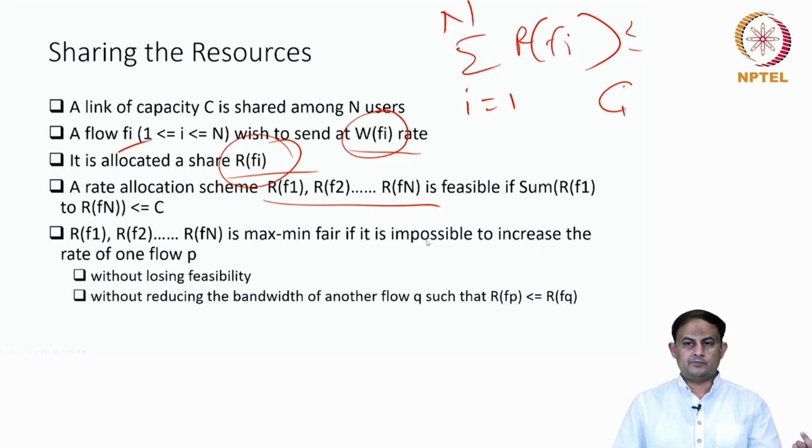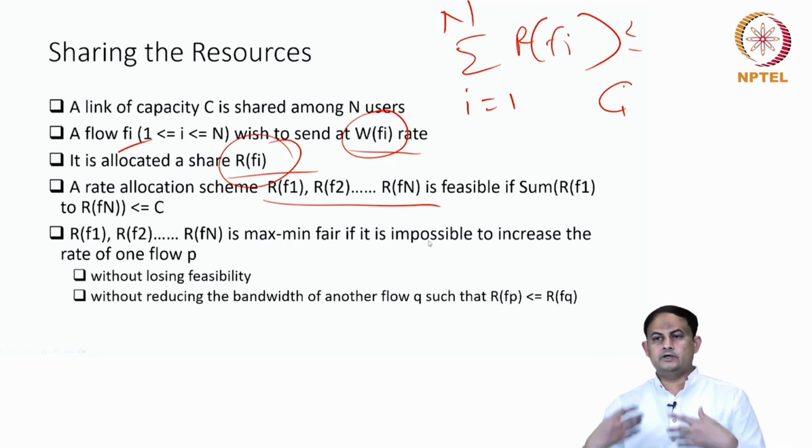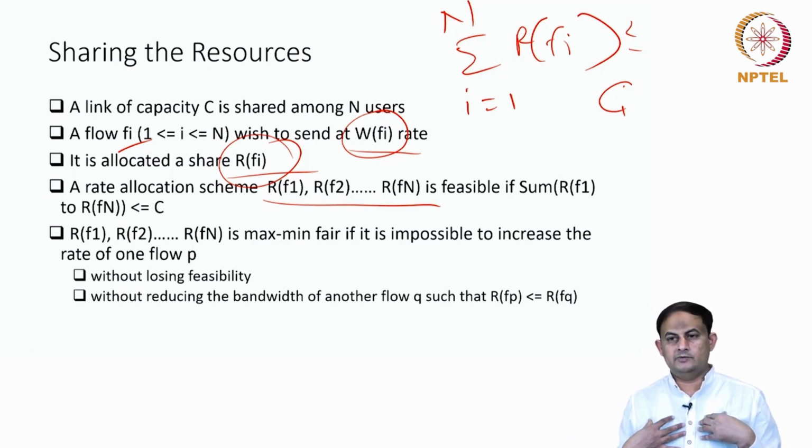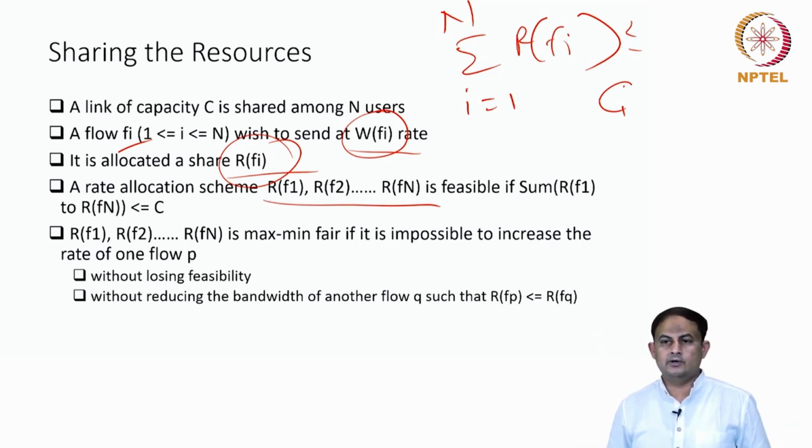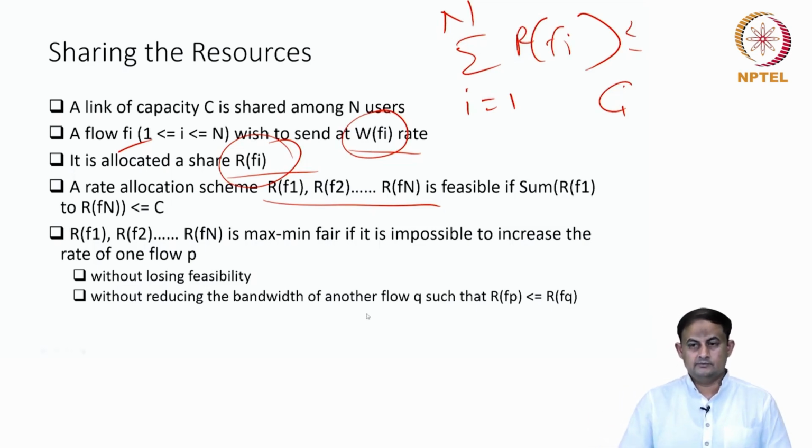I do not want to suppress the flow of another user, my peer user, but I want to maximize my own transmission. The router does not want to hurt me, and at the same time it wants to utilize the available capacity, and I want to be given the maximum amount of bandwidth that is available to me at this point of time.